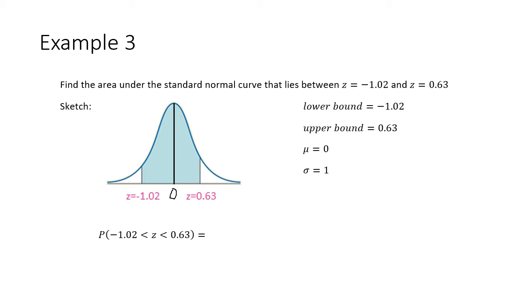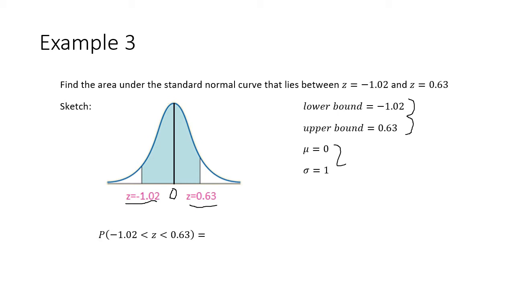And then since we're bounded here between negative 1.02, which would be obviously to the left because it's negative, and 0.63 to the right, which is obviously positive, those just become our bounds. No need to go to infinity or pick a big number. We have our bounds given right there.